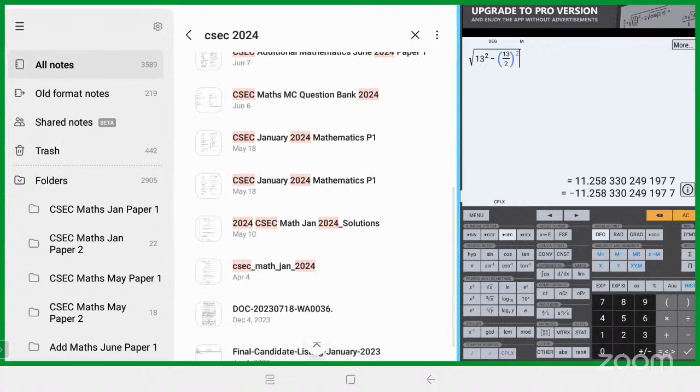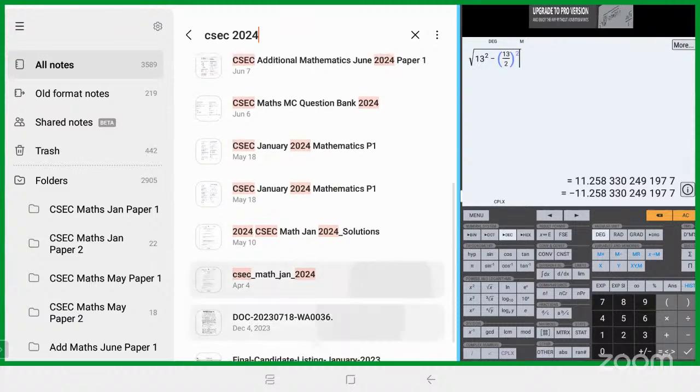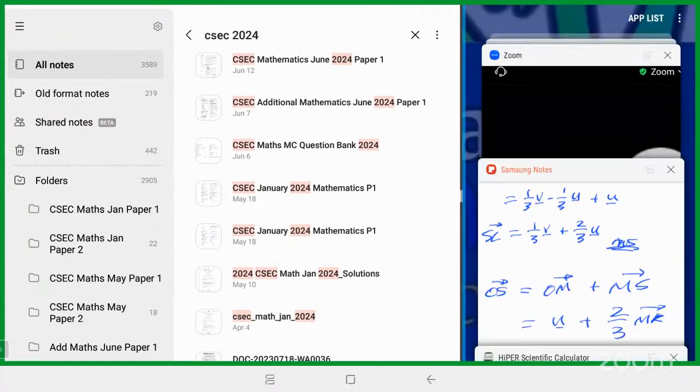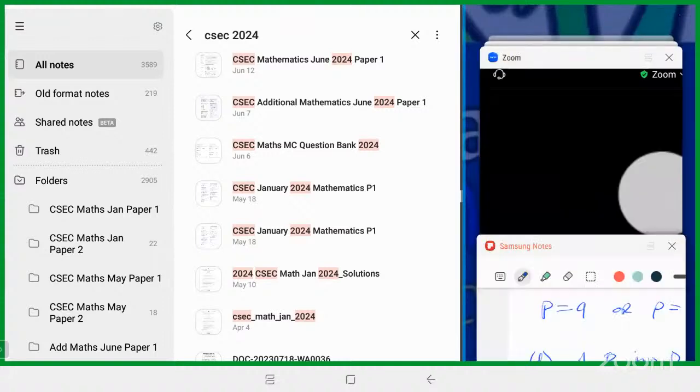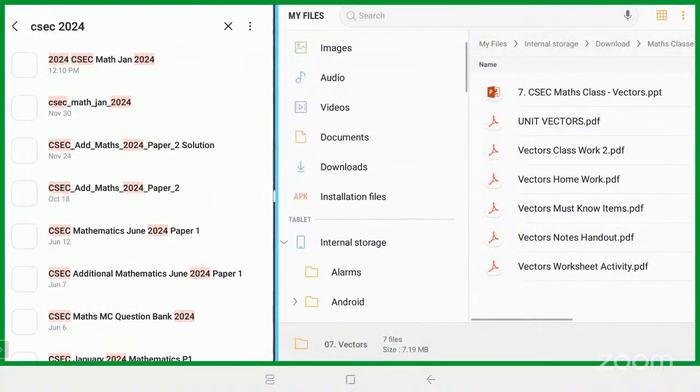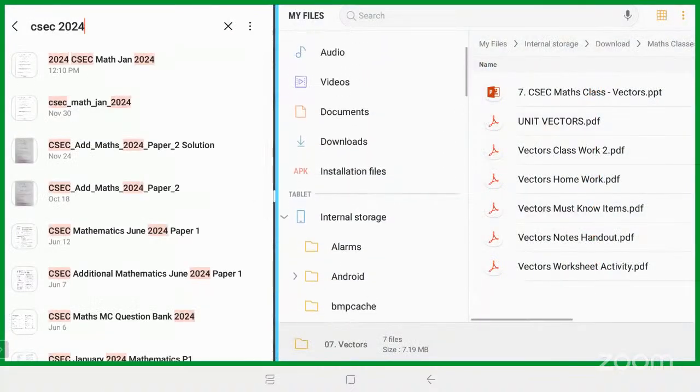What's happening? Let's find it another way. I'm not seeing it. I know it's in this device here somewhere.